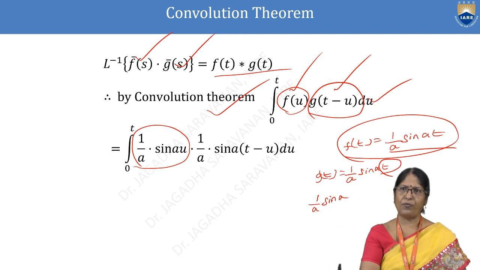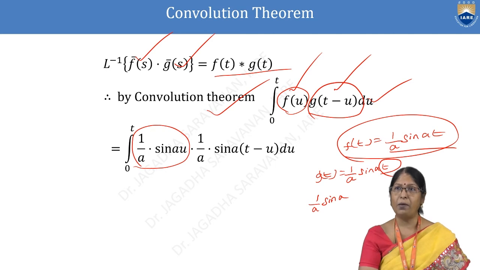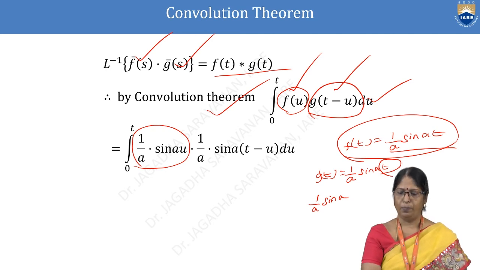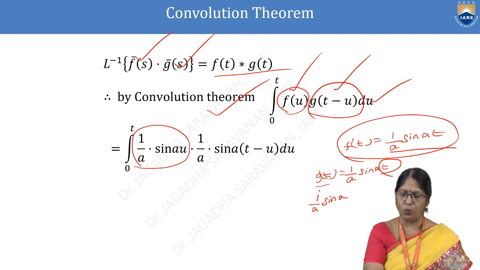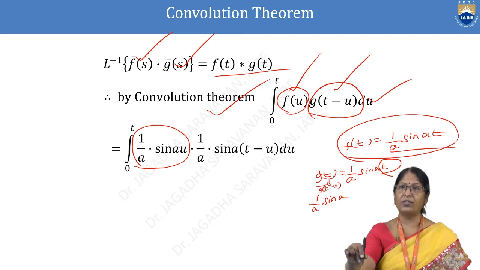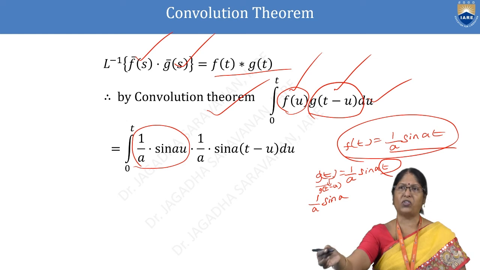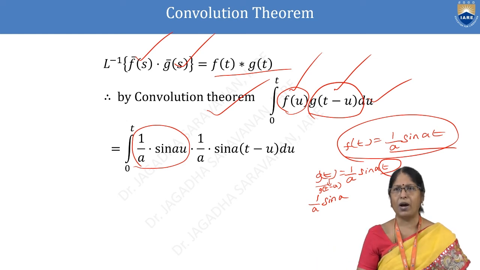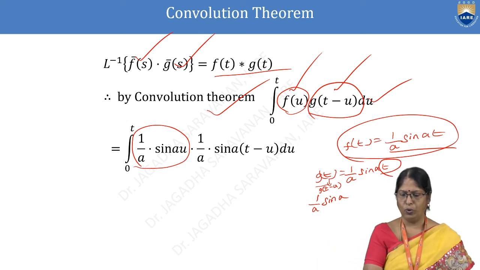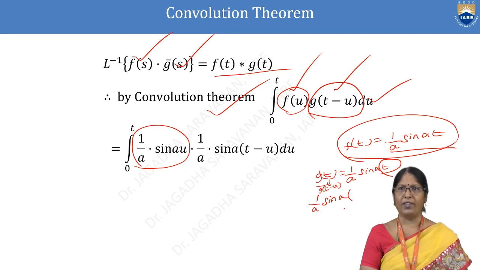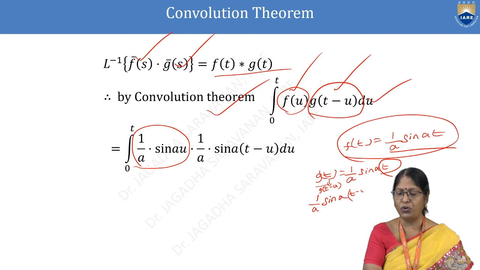In the place of t, we will write t minus u, because for g of t, we wanted g of t minus u. T is changed into t minus u. So, 1 by a sine a of t minus u.